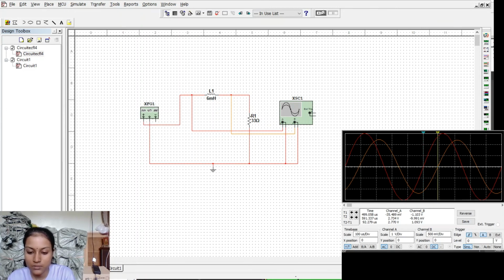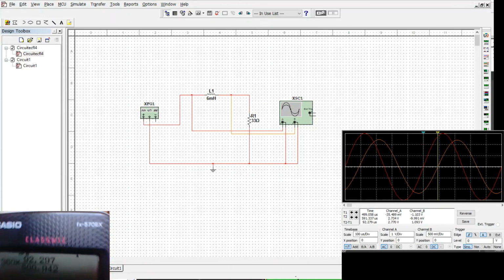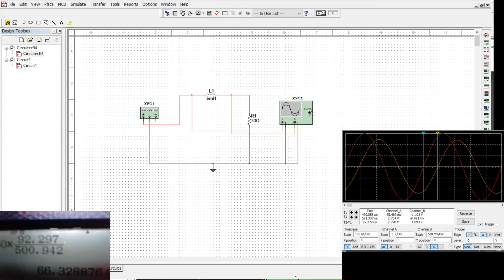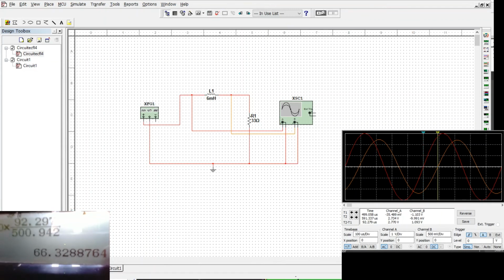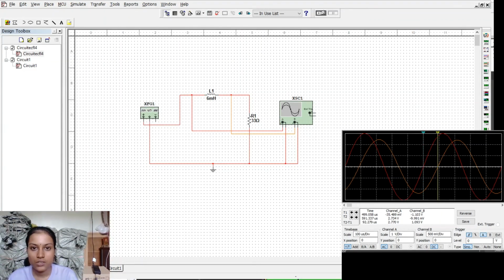So we got 66.33 degrees as the phase angle for these two signals.